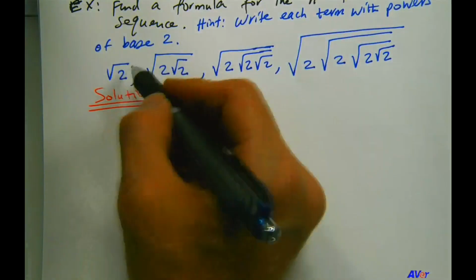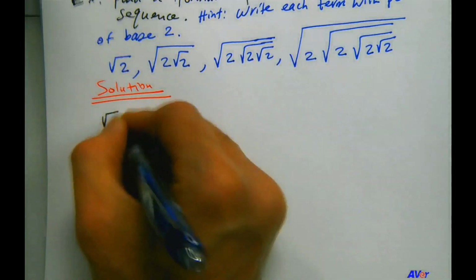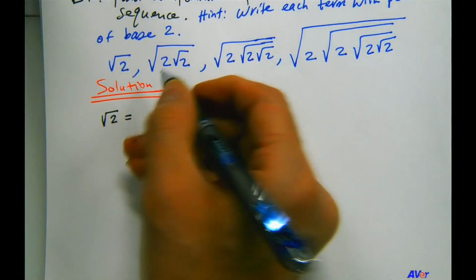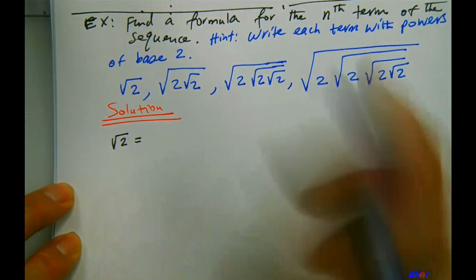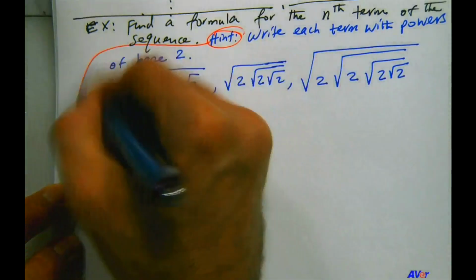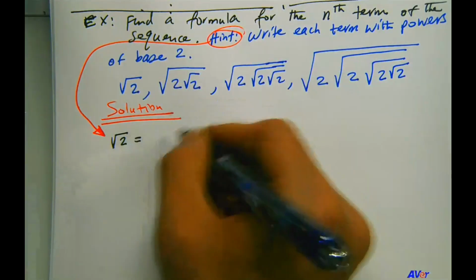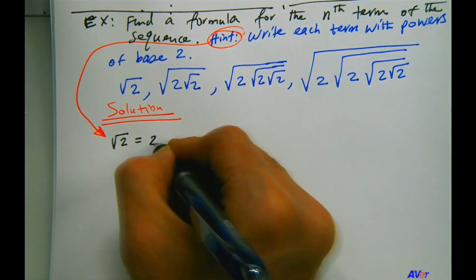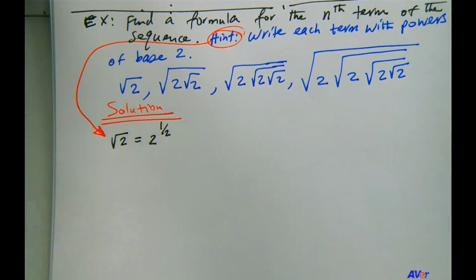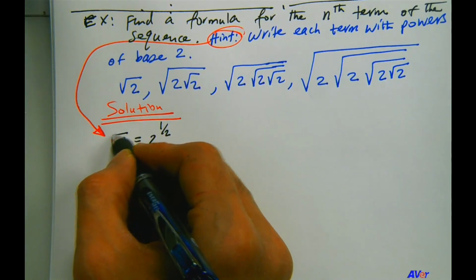Square root of 2, we can write that as 2 to the 1/2 power, right? The power on the inside divided by the index, which is 2.